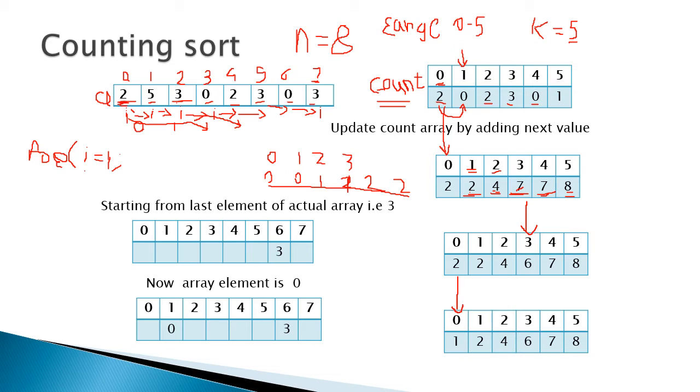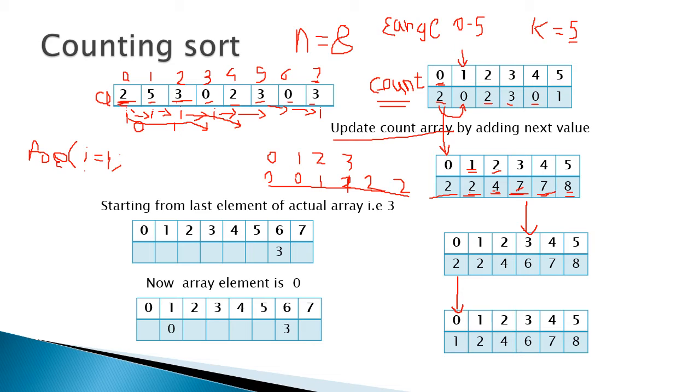Now I am going to write down the code for the update count array. How can we write it? That is, as I said, for i equals 1, because we put the first value as it is in our update array, and after that we have to start from the first index.